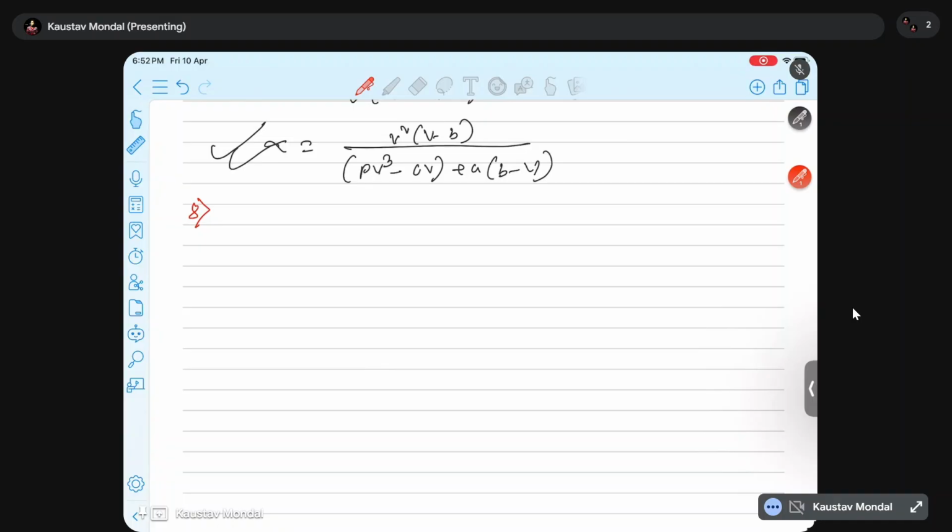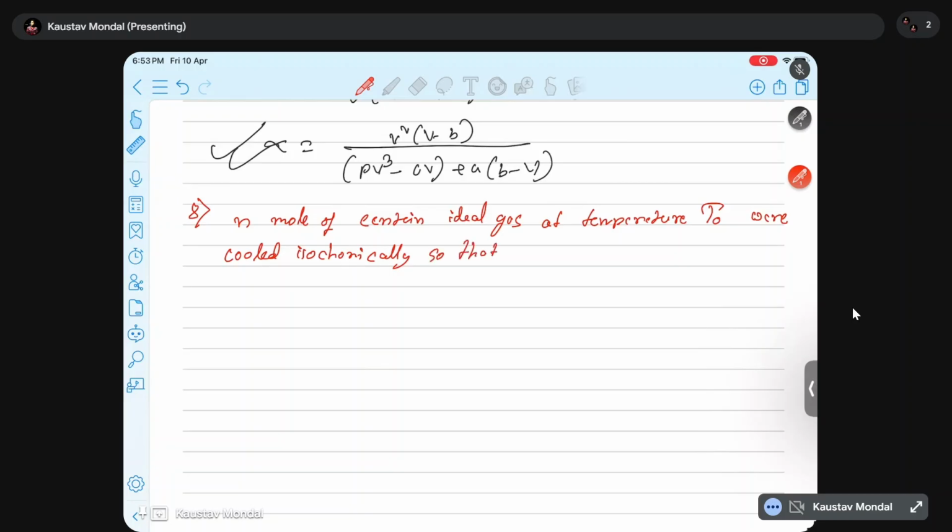Now question 8. N moles of a certain ideal gas at temperature T0 were cooled isochorically so that the gas pressure reduced n times.